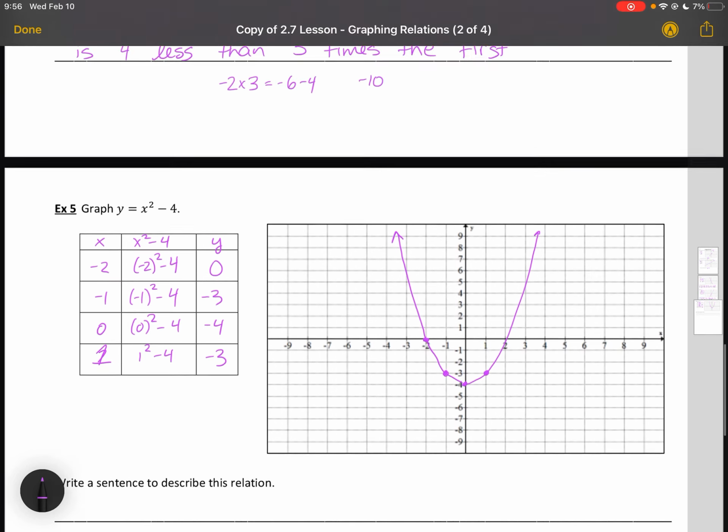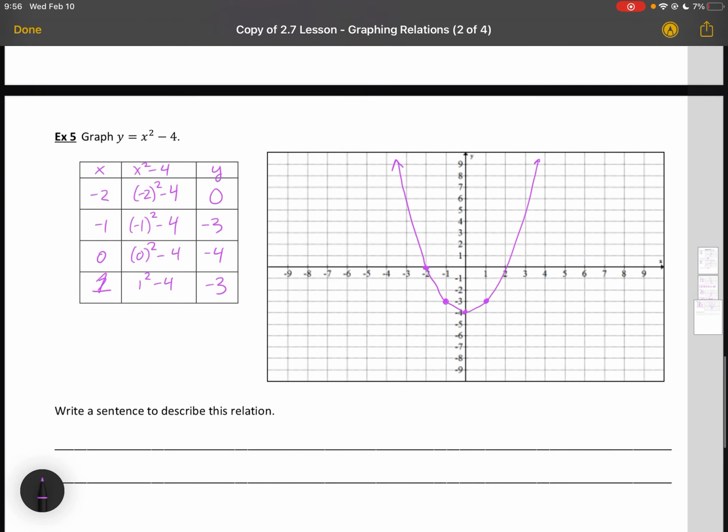Okay? And we're going to write a sentence in the same way that we did the other two. So all ordered pairs where the second coordinate is 4 less than the first coordinate squared.